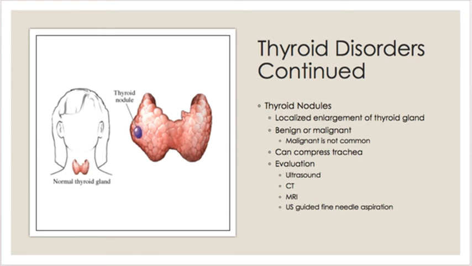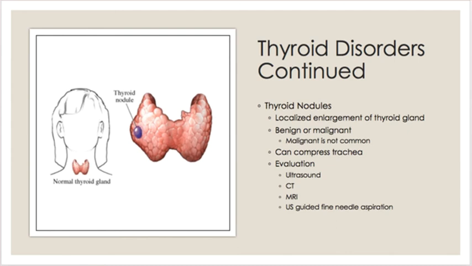Another disorder is thyroid nodules, which are localized enlargements of the thyroid gland. So with the goiter, you see this diffuse enlargement. With the nodules, it's just in one area, and they can either be benign or malignant, with malignant being the least common. They are usually benign.